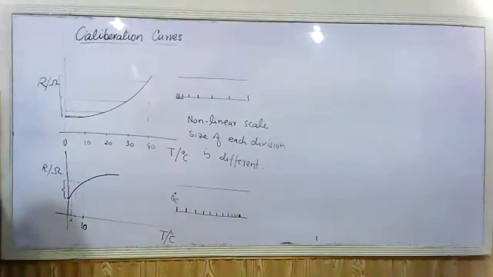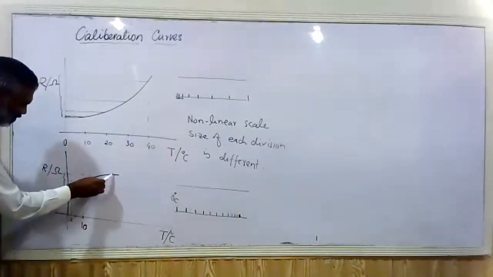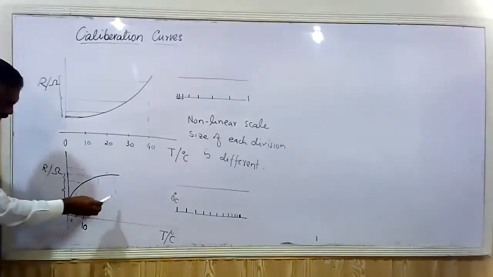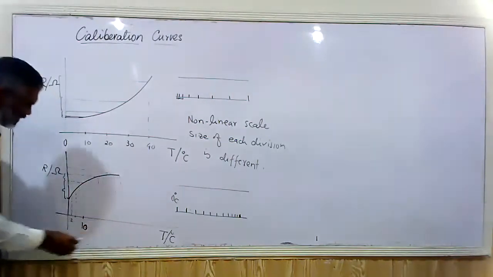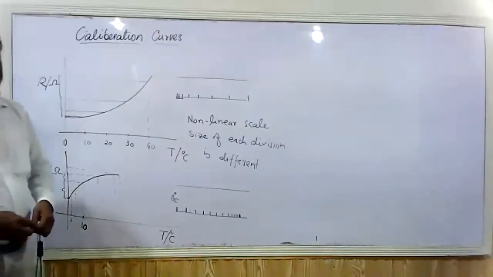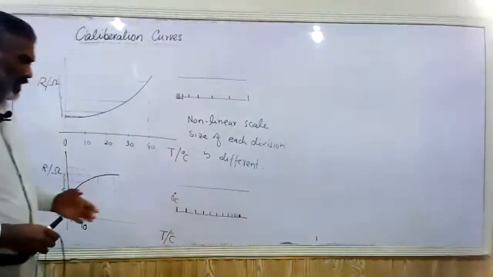Initially it is a large change, but for the next 5 or next 10, it will be even smaller, and then it will go on becoming very, very small, and then there will be a change in temperature corresponding to which there is hardly any change in resistance.